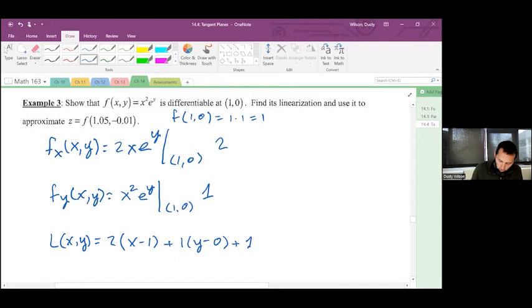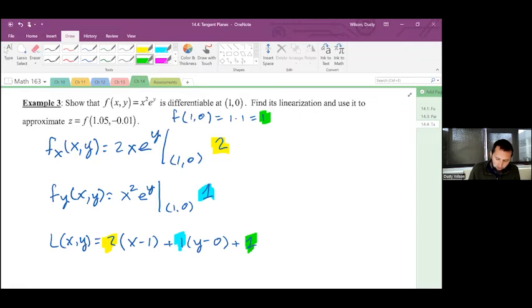So plus 1. Let's get some color in here. So the 2 is my coefficient on the x minus 1. The 1 is the coefficient on the y minus 0. And the 1 for f of (1, 0) is the plus 1 at the end. The fact that this tangent plane exists, the fact that those partials all exist, tells me that f is differentiable.